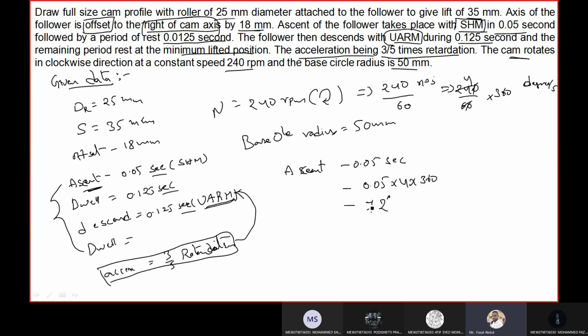What is the meaning of 72 degrees? It is the angular displacement of the cam during the first period, the ascent period.